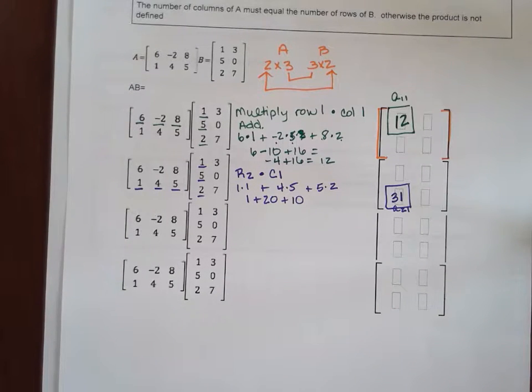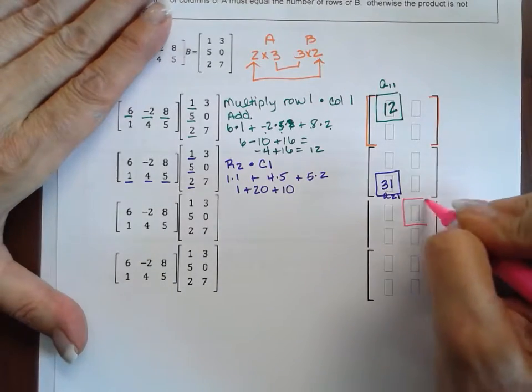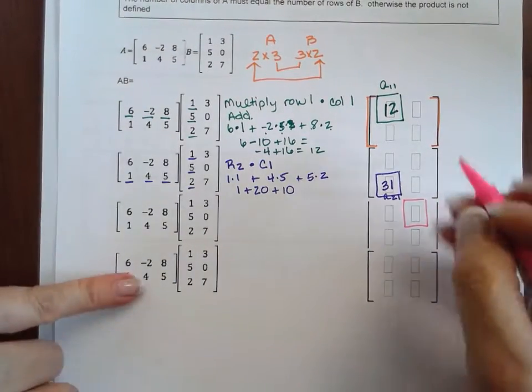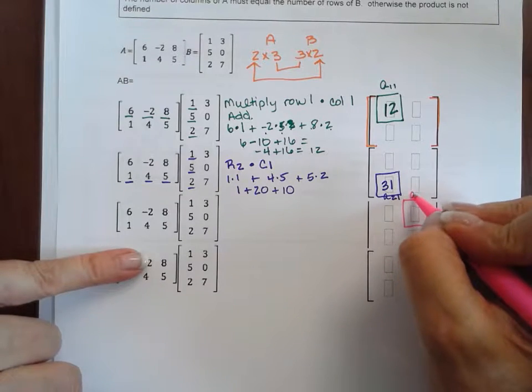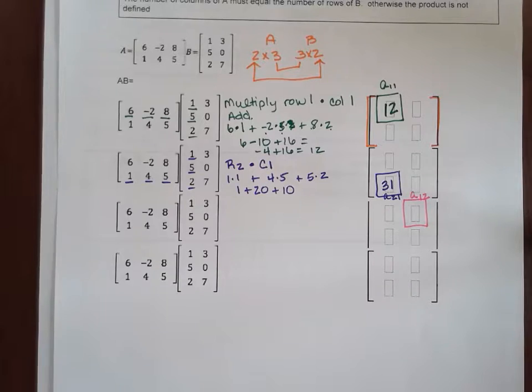Like I said, this isn't hard. It's just kind of time consuming to have to sit and do these. So this one is position A, row 1, column 2.